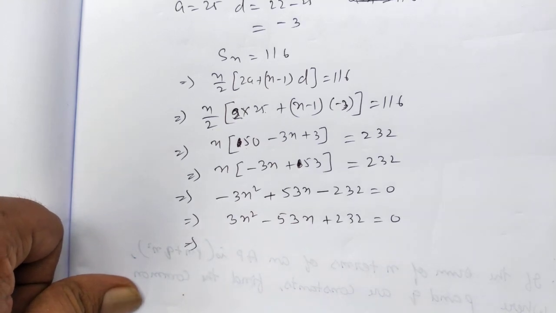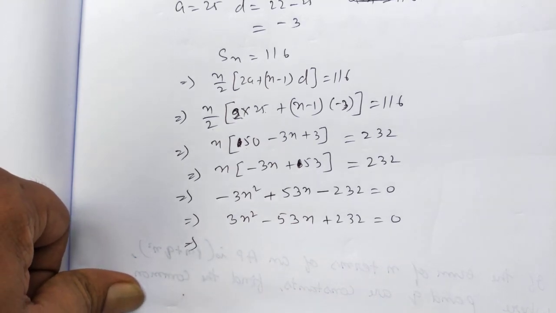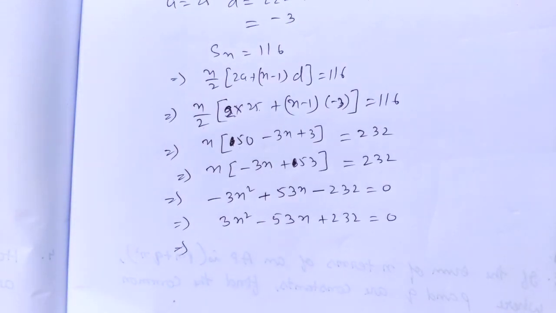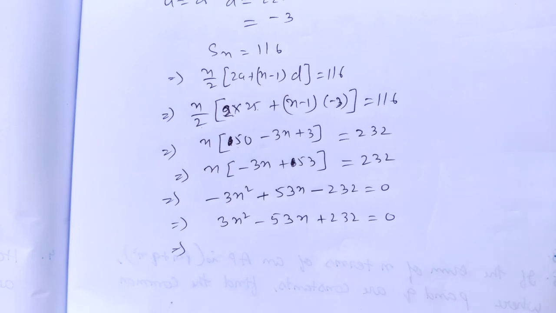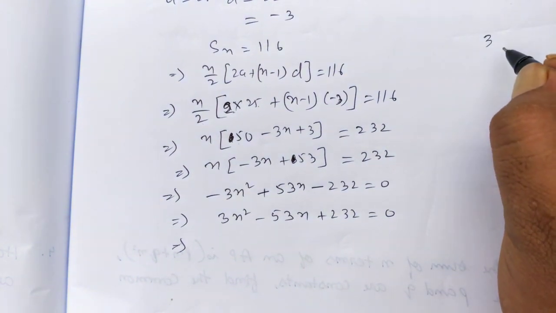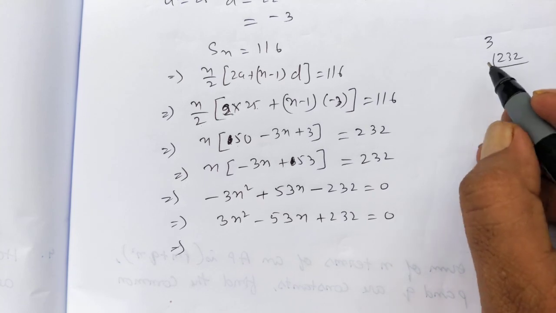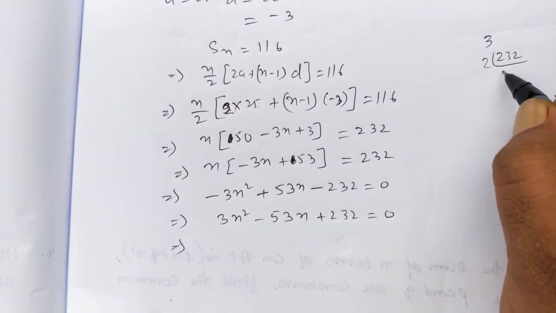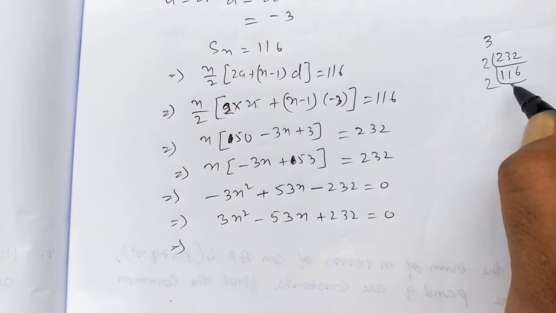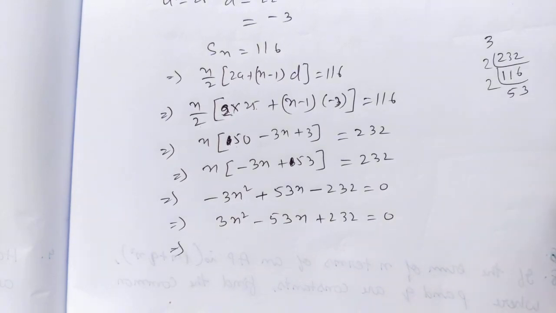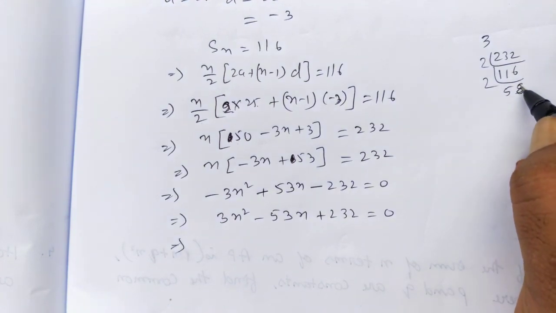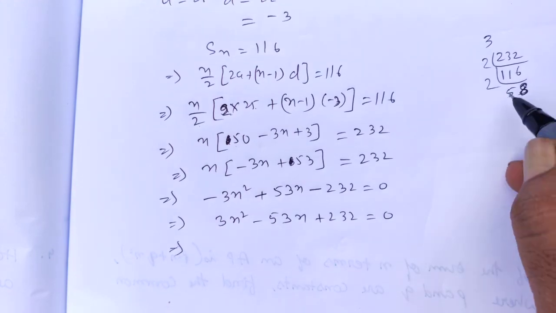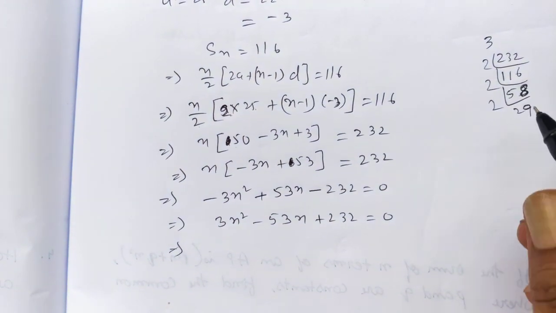So we have to do middle term factorization. 3 into 232 is 696, and we need factors that multiply to it.